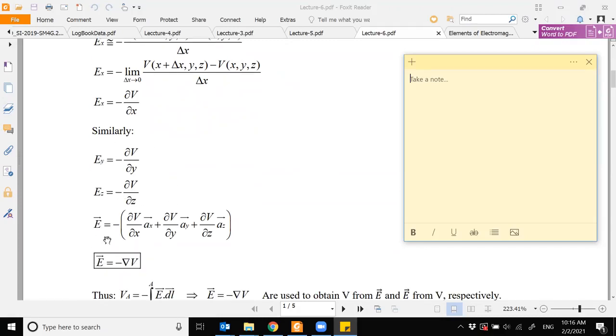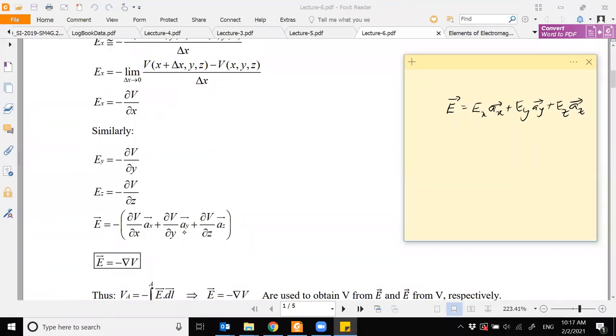So that means my E bar, if I put all these Ex, Ey, Ez together as a vector, because an electric vector, I am considering it as Ex ax plus Ey ay plus Ez az. So my E bar is equal to minus ∂V over ∂x ax minus ∂V over ∂y ay minus ∂V over ∂z az.